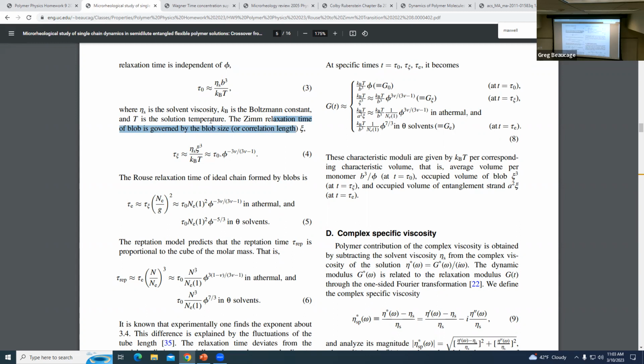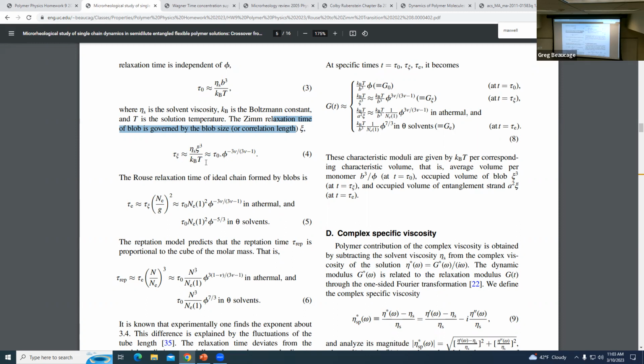Yeah, it's the Zimm model, but it's basically just the intrinsic viscosity equation, I think. This has got to do with the volume, the displacement volume, and then this is the diffusion coefficient here, time times the diffusion coefficient.